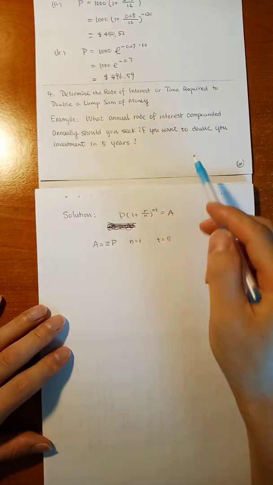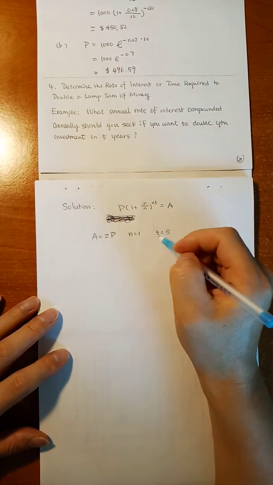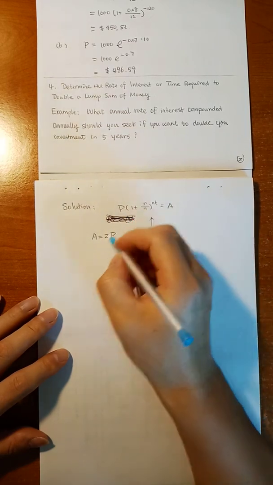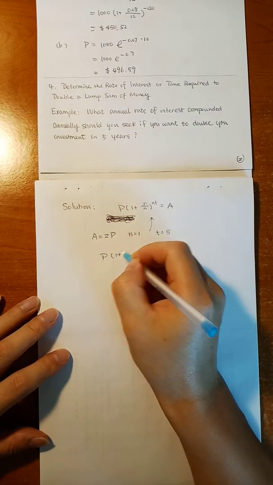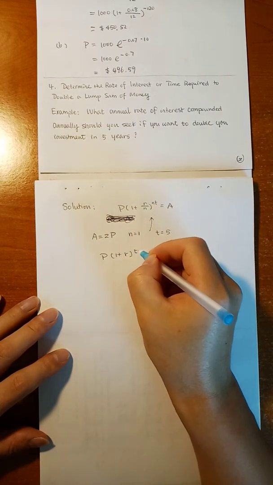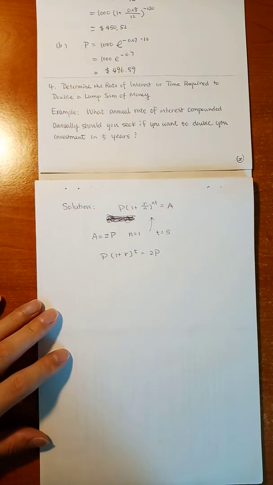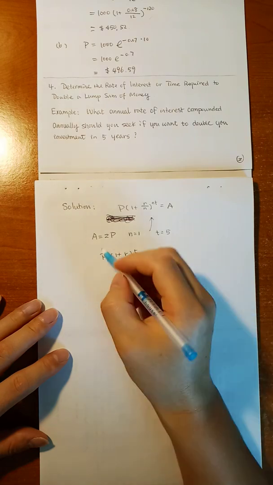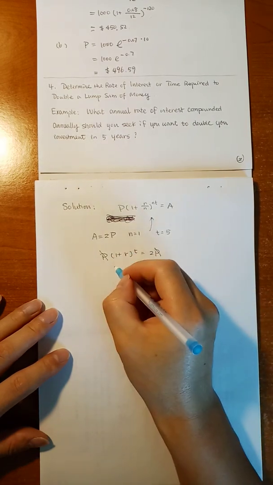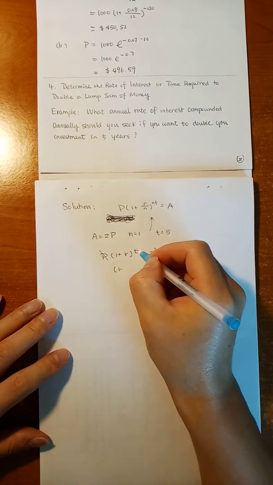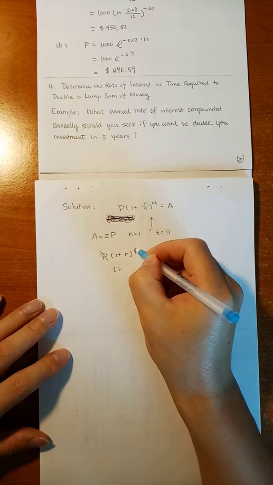Okay, so we read the problem, we can determine this. And then let's plug in. So we get P(1 + r)^t is 2P. Okay, so you cancel P and P, you get, oh, sorry, t is 5.